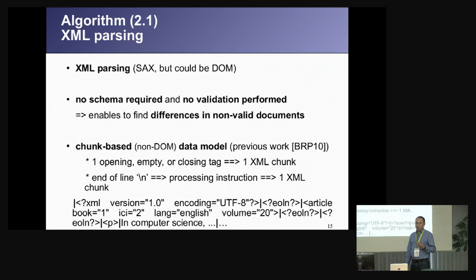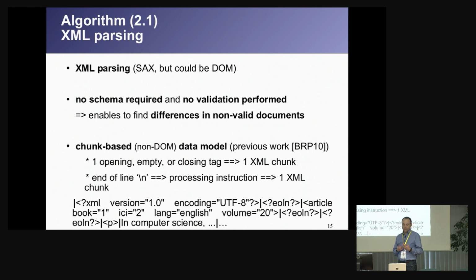Now that is done, we are going to look into the second phase of the algorithm, XML parsing and segmentation of the XML documents. XML parsing is currently done with SAX, but it could be done with DOM. It's a matter of implementation here. Importantly, no schema is required and no validation is performed.